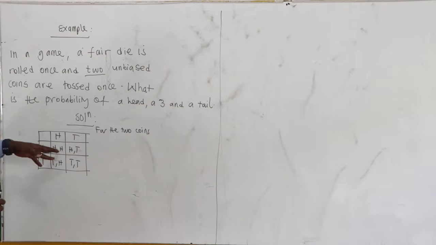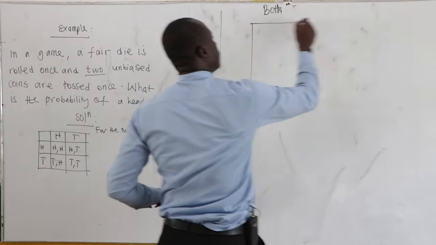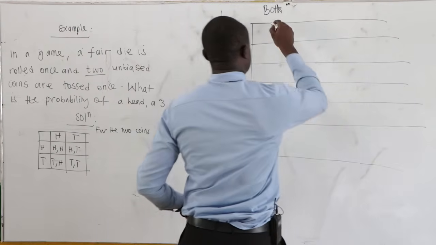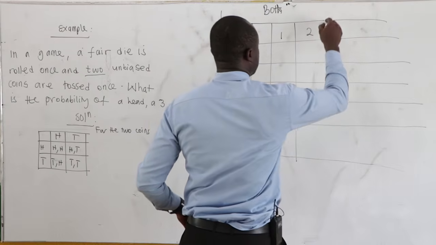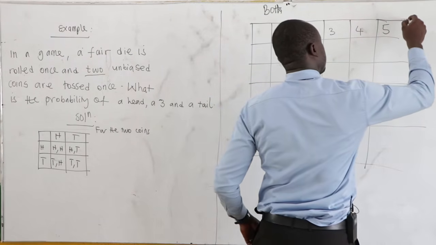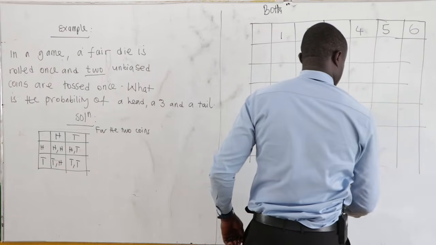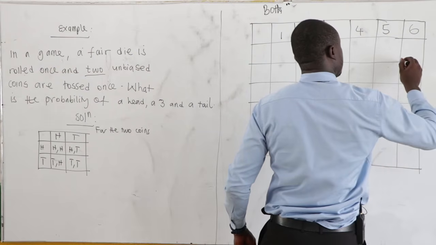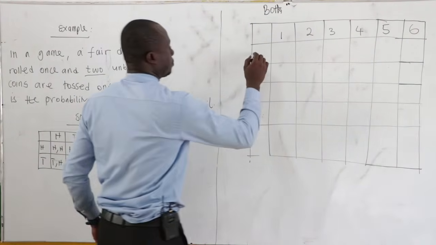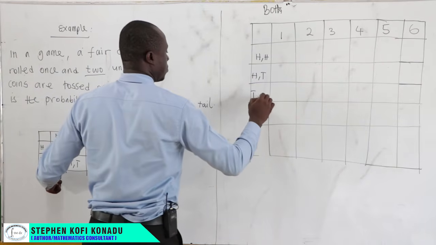Now a fair die, the die is 1 to 6. So for both, the sample space becomes: for the first one, HH, we have HT, we have TH, and then we have TT.